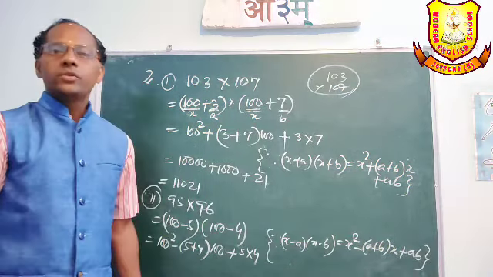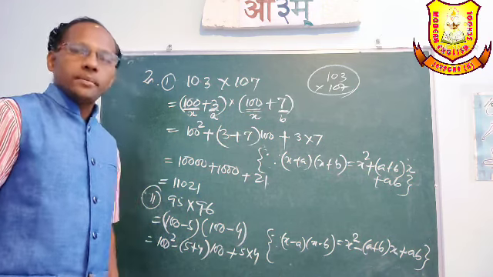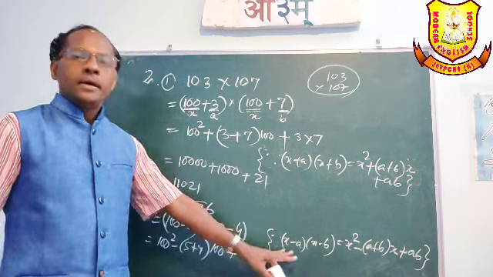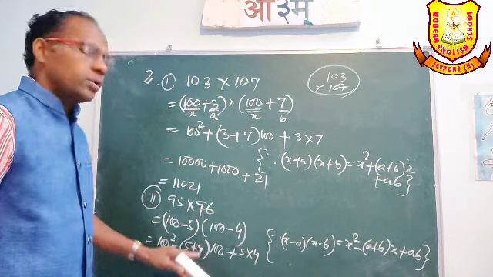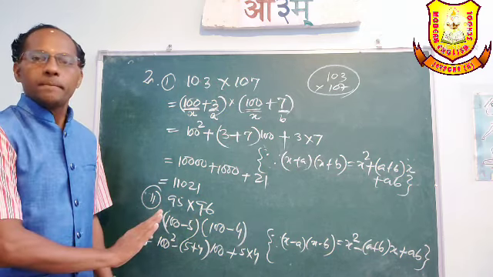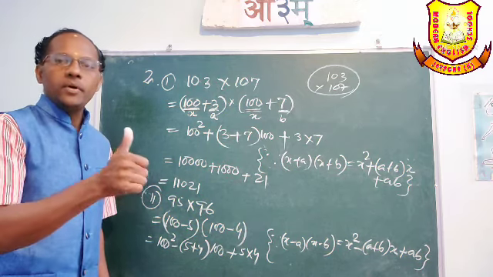I told you, so you have to understand the formulas and you should remember them, so that you can better understand to do these sums. Okay, you can properly do this. Clear? Everybody understood now?